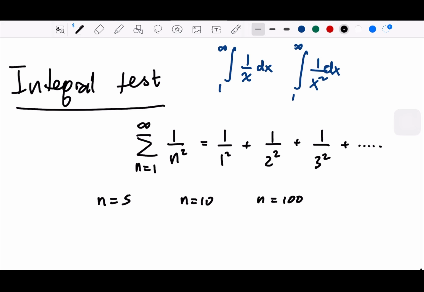If you check, maybe using calculators or some computations, you will see that this goes to a constant. So we take the partial sums, the Sn, and Sn will approach a constant value.